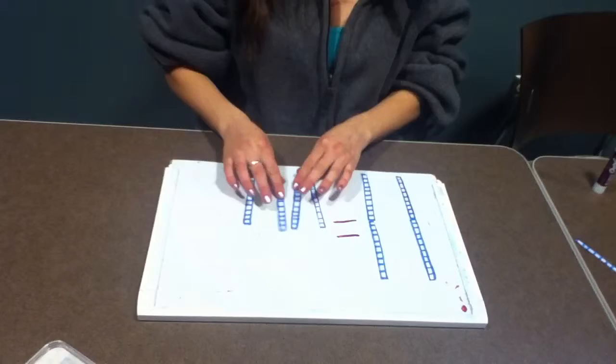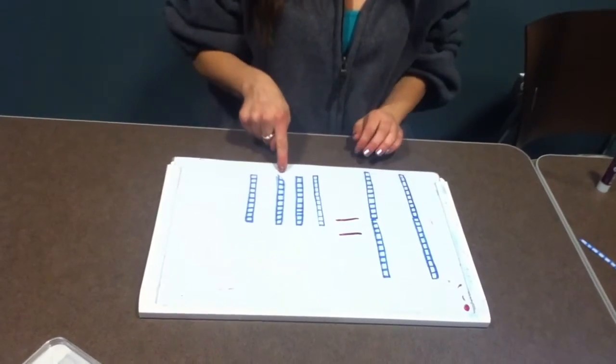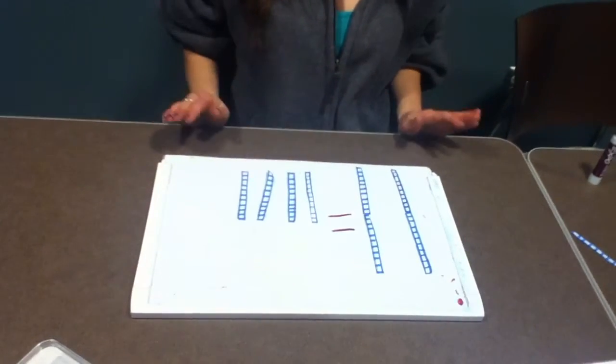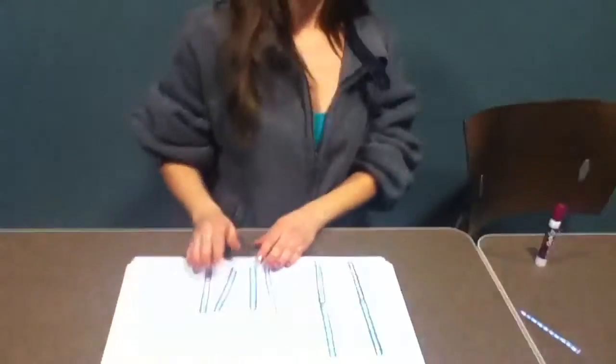You could also place them like this: 10, 20, 30, 40. That is skip counting. Thank you.